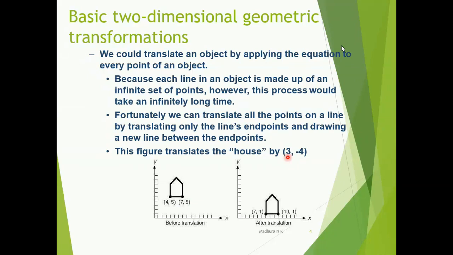Tx is 3, so 7 plus 3 is 10, and 5 minus 4 you get 1. So now you have moved the house to a new position, with the endpoints 7 comma 1 and 10 comma 1.